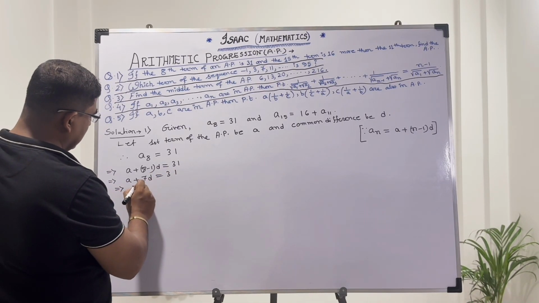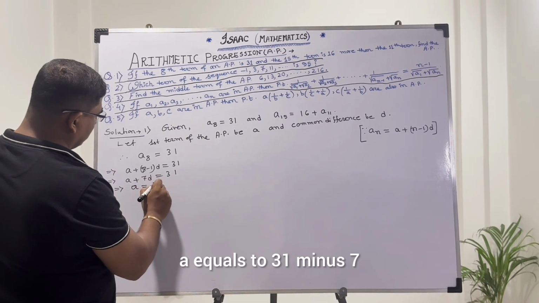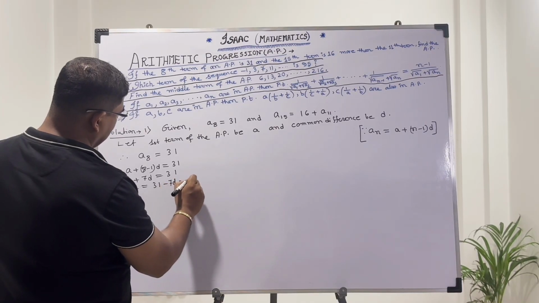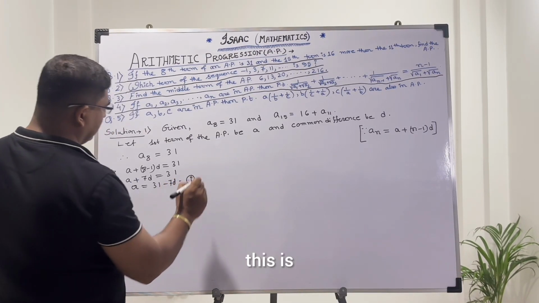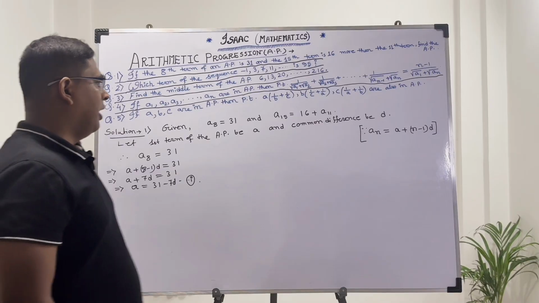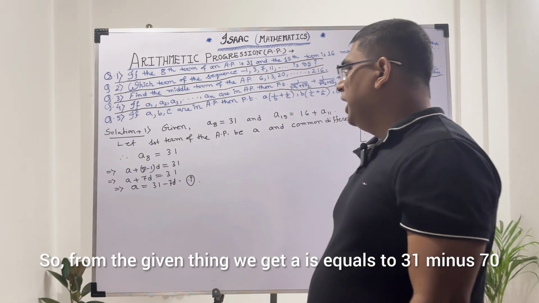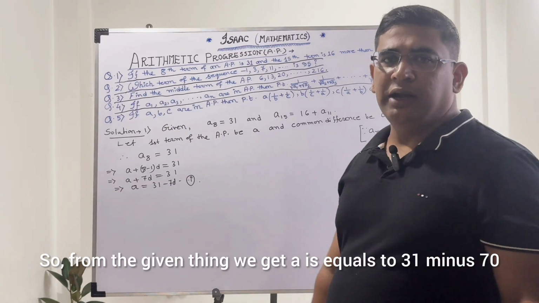This implies A equals 31 minus 7D. This is the first relation.